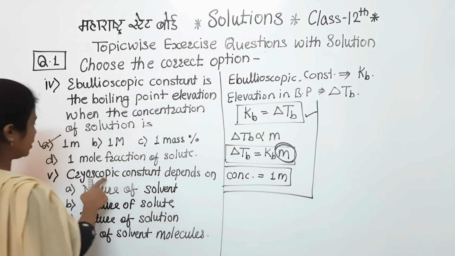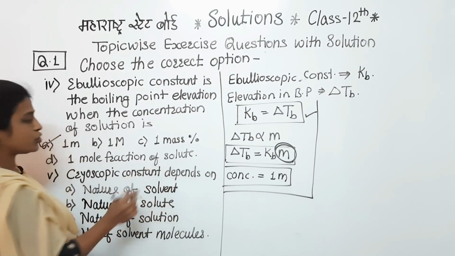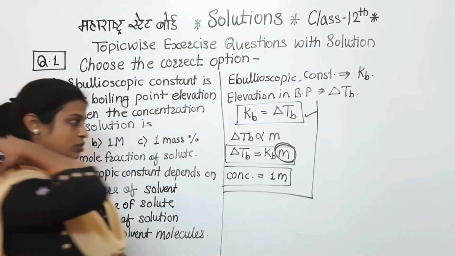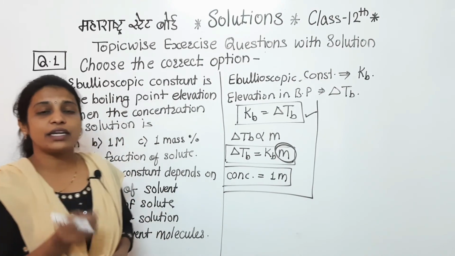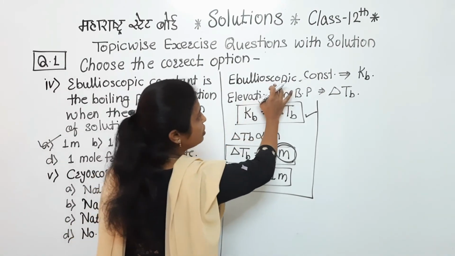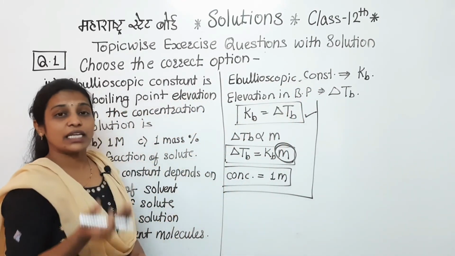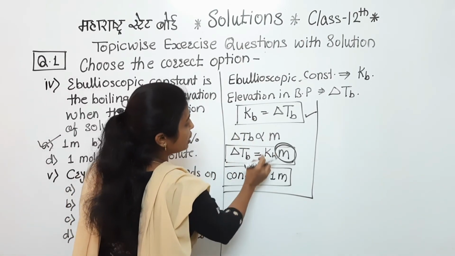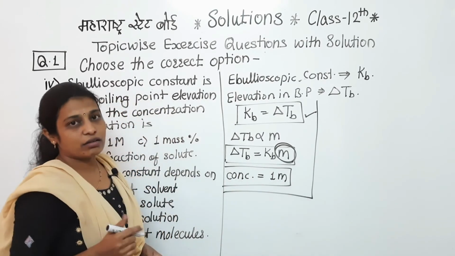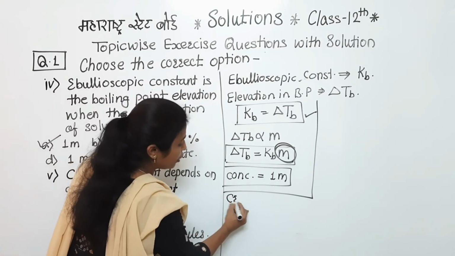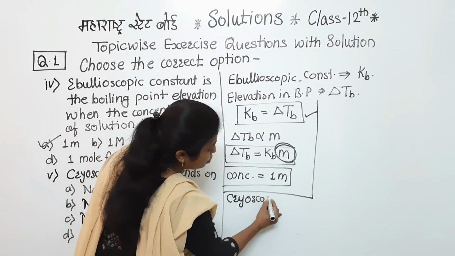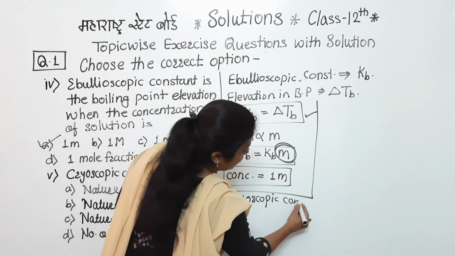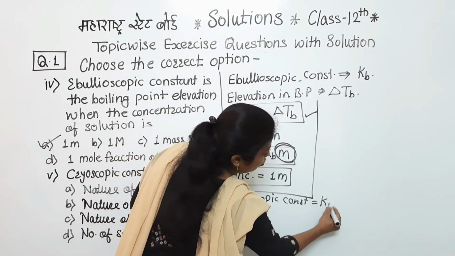Now see the next one. The objective is: cryoscopic constant depends on. What is the cryoscopic constant? Here they used the ebullioscopic constant, and in case of depression in freezing point, the proportionality constant used is the cryoscopic constant, denoted by the symbol Kf.